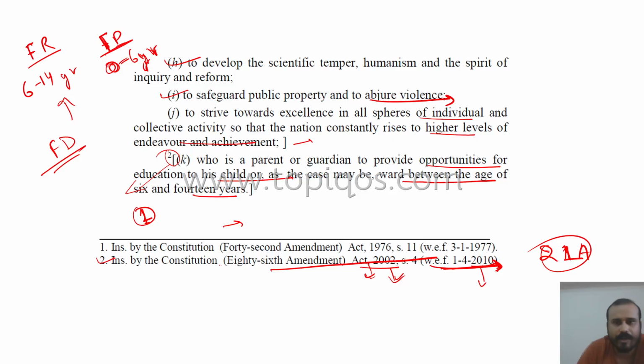So this is the fundamental duty that was added, and this duty is for a person who is a parent or a guardian to a child aged between this. No point here. So these are some of the 11 duties we have.